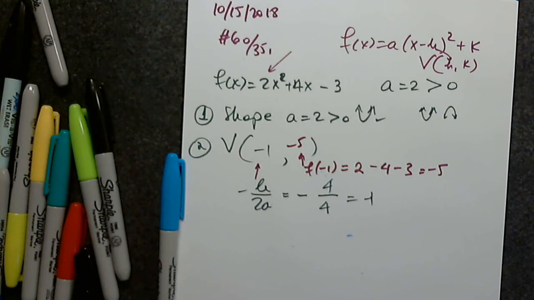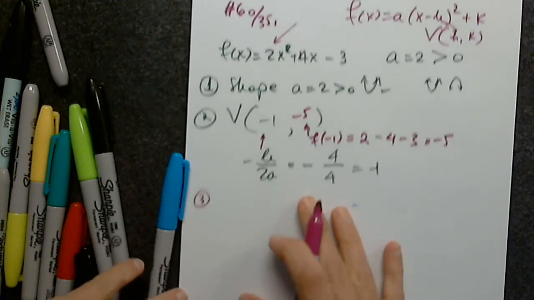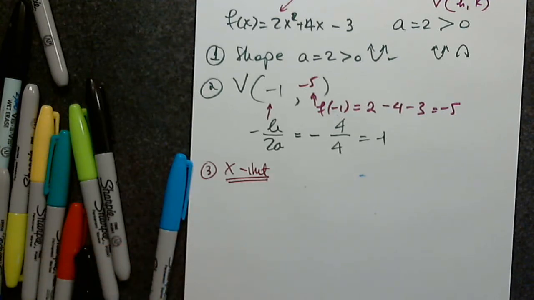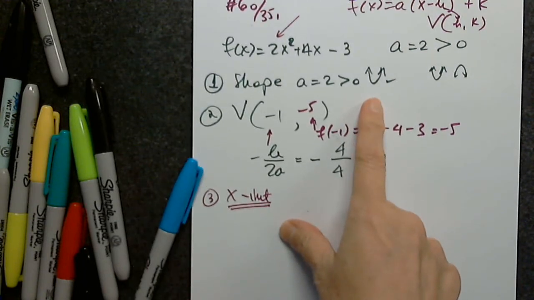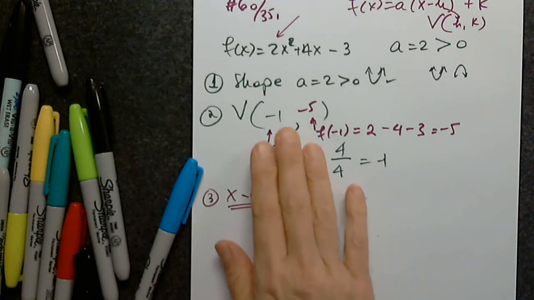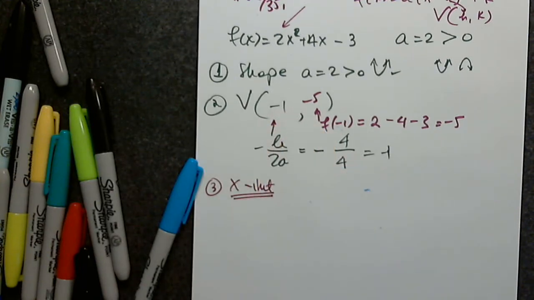Very good. In step 3, I have to find the x-intercepts, if they exist. So let's analyze and come up with an idea whether we should waste or invest our time in finding the x-intercepts or not. So the parabola has a minimum. Look at the vertex and say, yes, find them, or no, don't waste your time, they don't exist.